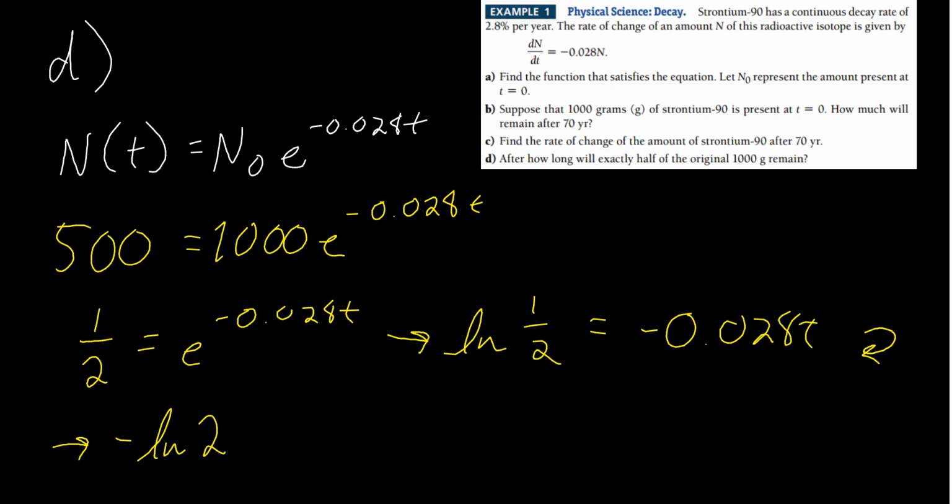And we're going to divide that by a negative 0.028, and that'll be equal to t. So the negative natural log of 2 divided by the negative 0.028, and that is 24.76.